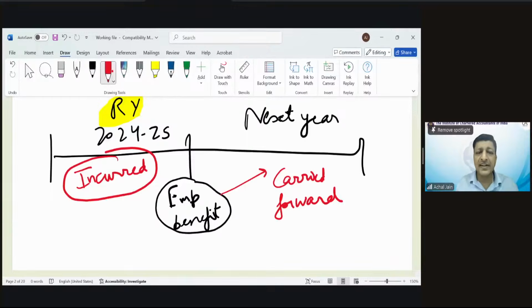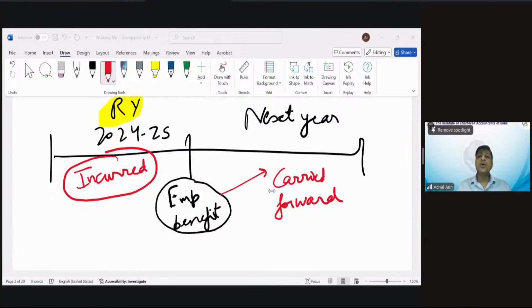So this is exactly what we discussed in some of the examples when we picked up those leaves which were carried forward. So it is very much on similar lines. It is not necessary that you will have leaves which are carried forward. It may be related to any benefit.